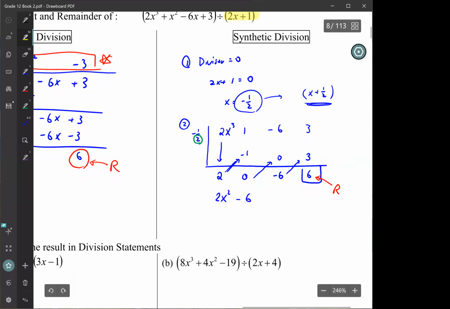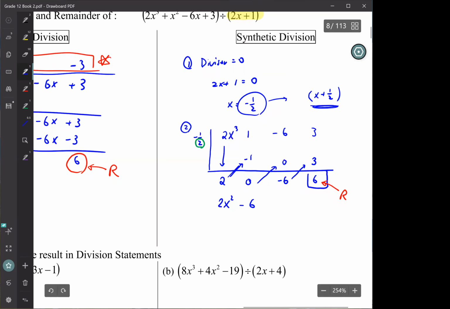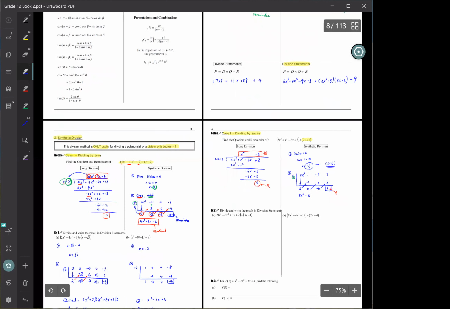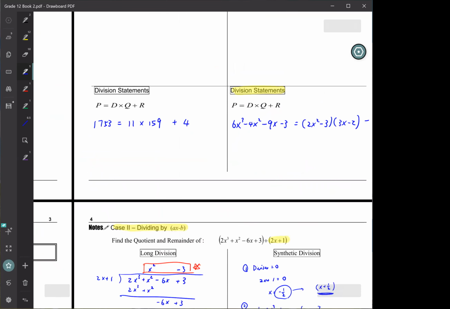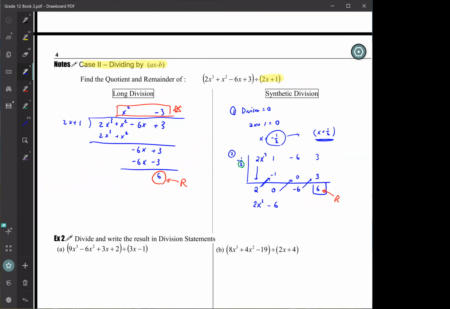If we write out a division statement, if you remember the division statement on the top, P equals dq plus r. Let me write that down so you can see. P is the inside, the dividend.